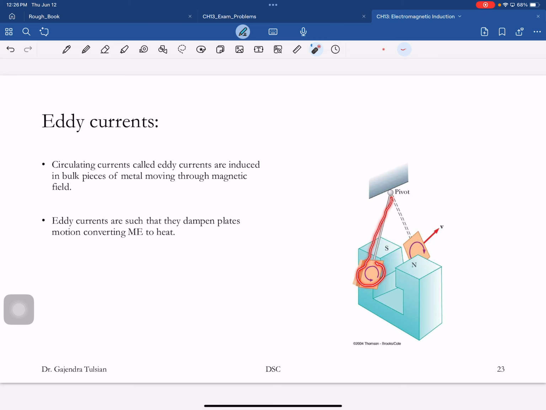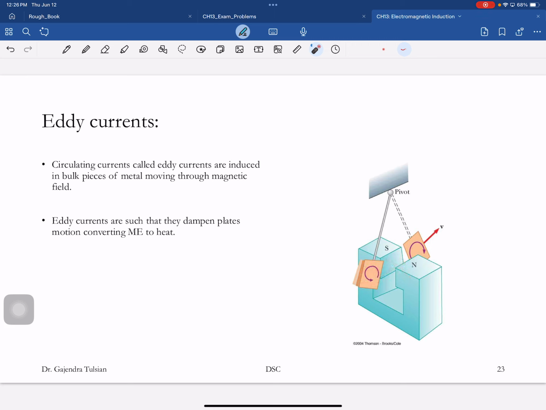Here's a metal. If this swings between a magnet, as this thing is swinging, the magnetic flux through it will change, because as it's coming there, the magnetic flux through that metal is increasing, and that will induce a current in the opposite direction.